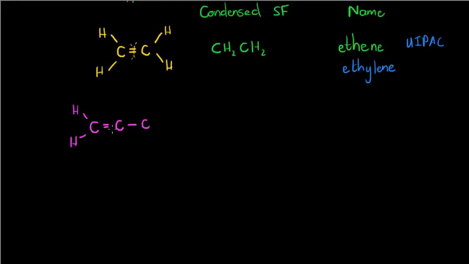There's at least one double bond, so it is possible to have two double bonds. I'll give you that one's name in a second. Just notice the middle carbon. This middle carbon has 1, 2, 3 of his valence electrons left, so he's got 2, 4, 6 in total, which means we need one more to be shared with hydrogen.